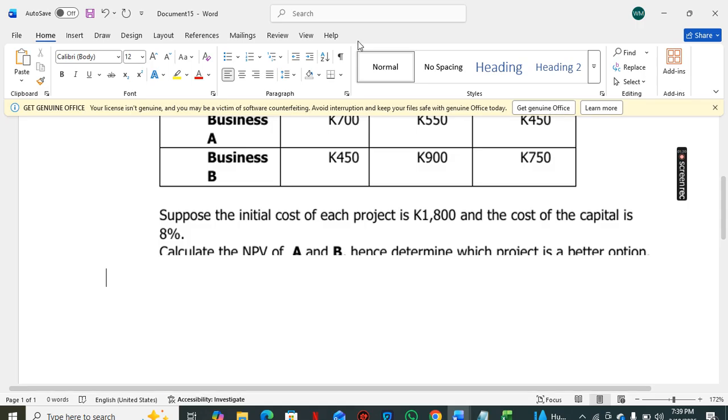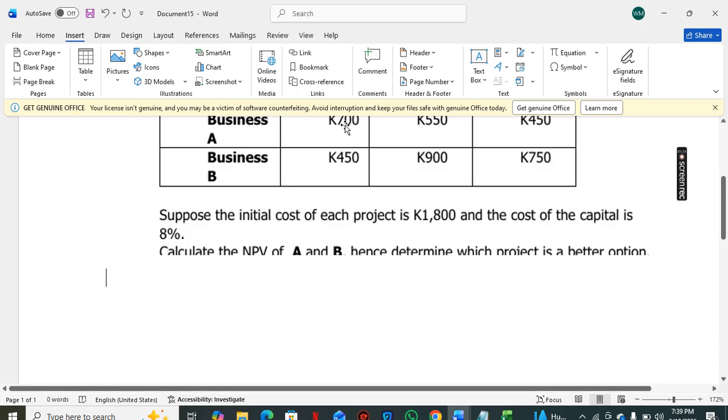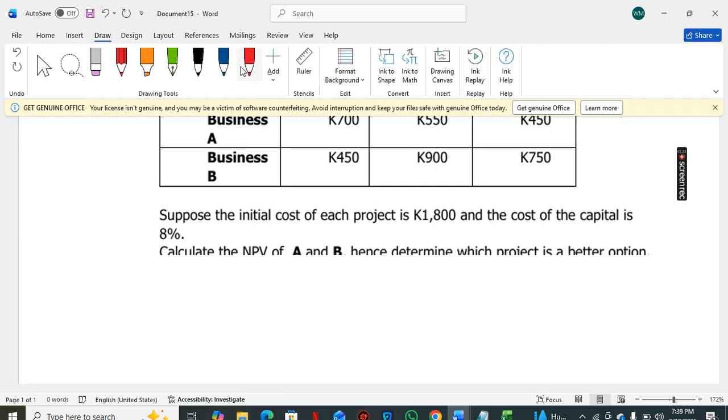So as I said earlier on, the net present value technique, this money in the future that we're receiving, converting it into today's value. Okay, remember the formula that we're using is this one here. Present value equals future value times 1 plus r to the power negative t.